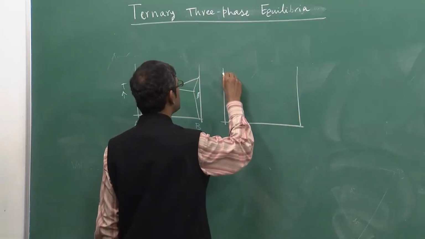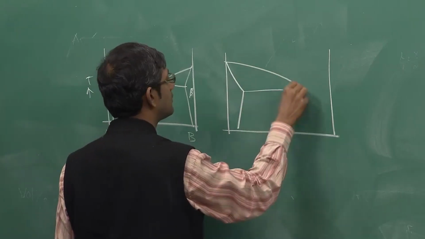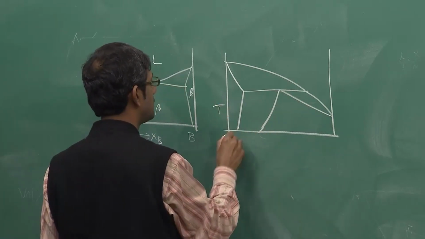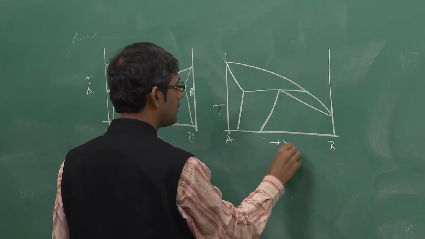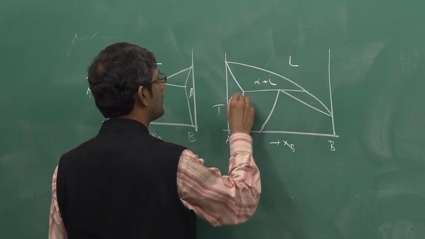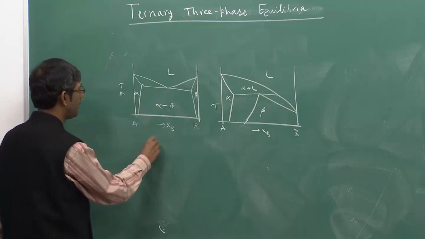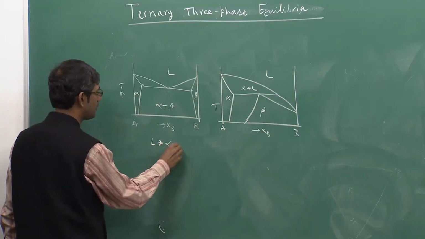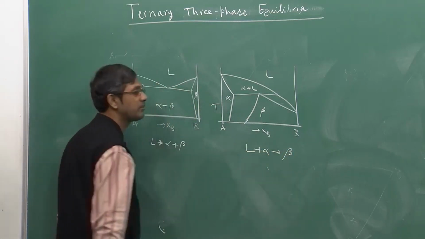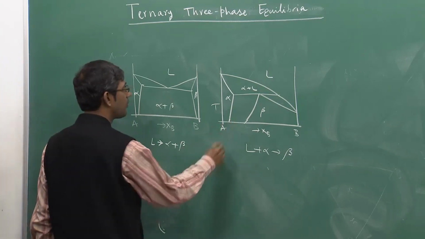For a peritectic, one can actually draw that. So in both cases, the three-phase equilibrium, liquid going to alpha plus beta here, liquid plus alpha going to beta here, is represented by a horizontal line parallel to the x axis. That is what is done.